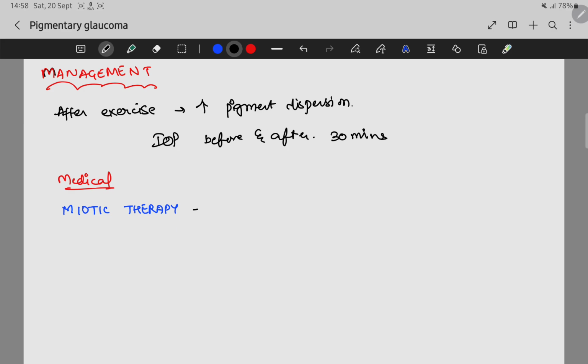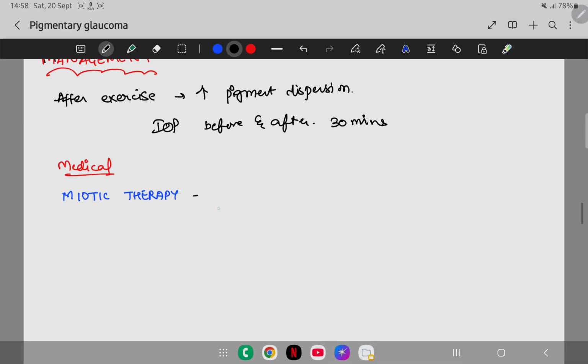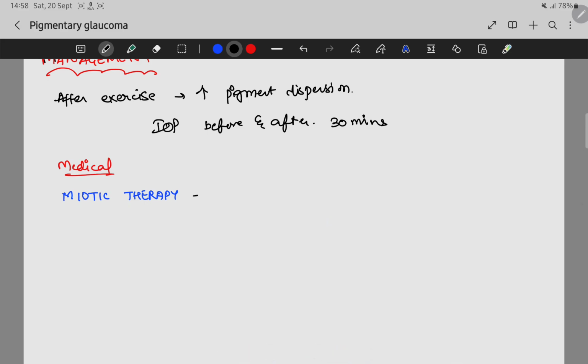So what does this miotic therapy do? It will eliminate the contact between peripheral iris and the lens zonules, which is causing the pigment release, right?